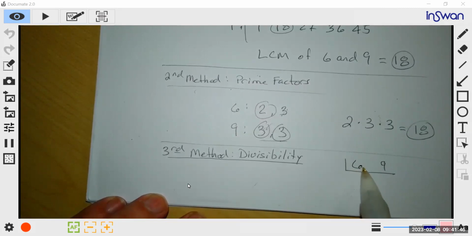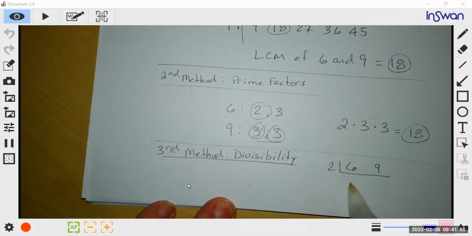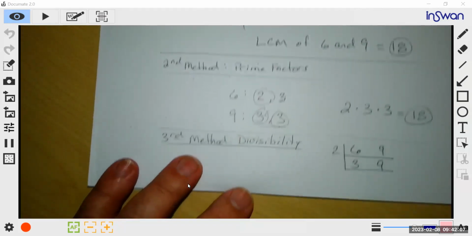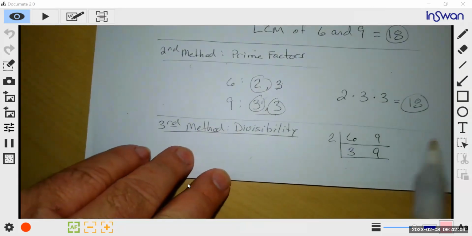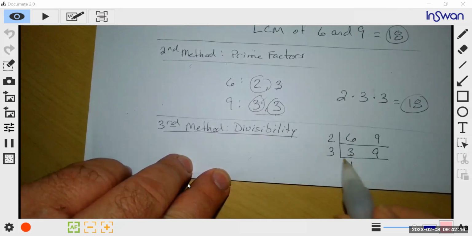What number is 6 divisible by? 2. So 2 goes into 6 3 times. Is 2 divisible into 9? No, so I just write it down again. Repeat the process. What's 3 divisible by? So 3 goes into 3 1 time. 3 goes into 9 3 times.